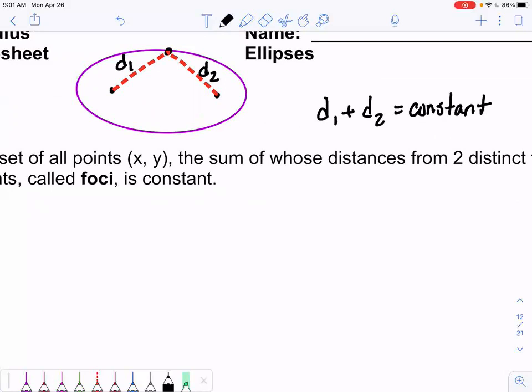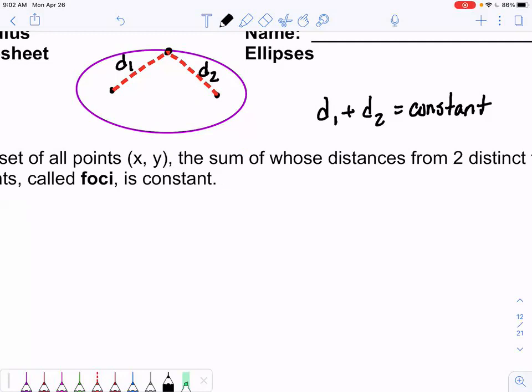So wherever I am on the edge of the ellipse, if I add those 2 distances together, it's going to be the same distance. So anywhere on the edge, take your distance to each focus, add those distances together, and it should be the same every single time. So that's what the geometrical property would be for an ellipse to be created.